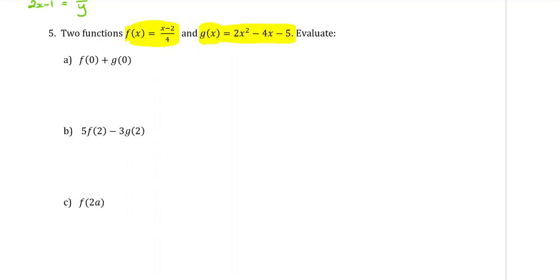So I'm going to work out what those two things are over on the side first. If I want to know what f of 0 is, that means I need to sub 0 into the f of x function. So that's going to be 0 minus 2 over 4, which is equal to negative 1/2. Then, if I want to know what g of 0 is, then I sub 0 into my g of x equation.